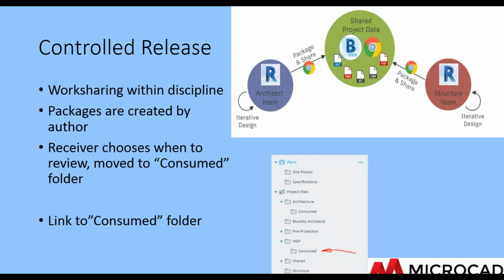Users in other disciplines can examine the shared data, and if it is ready, they would consume it, which moves it to the consume folder where it would be linked. If you were the MEP engineer, for example, you would link to the architectural model in the project files/MEP/consumed folder. The architectural changes move first to the shared folder and then to your consumed folder.